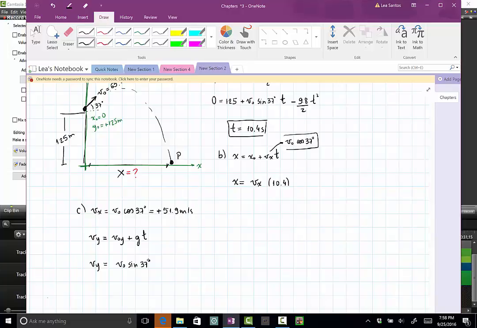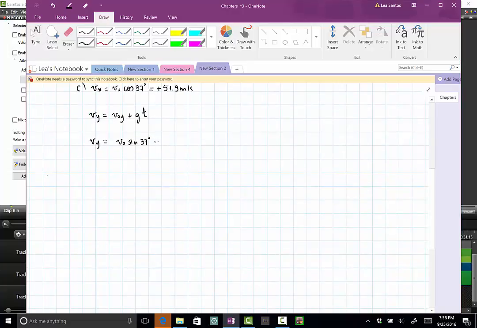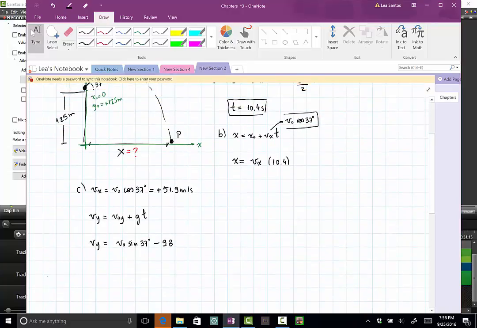And then we have g, which is negative, so minus 9.8. And the time for this whole motion we already found up there is 10.4. So if you put 10.4 here, you're going to find this Vy, and this Vy should be minus, I'm going to put the minus sign there because we want also direction, 63.1 meters per second.